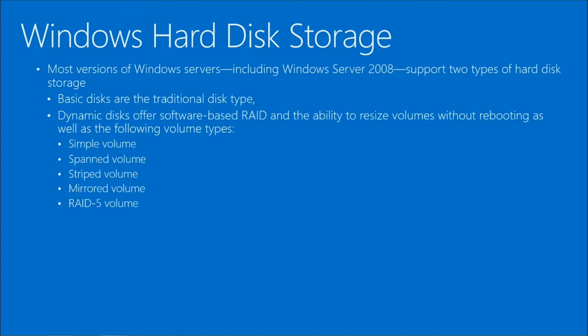Basic is the traditional type. Dynamic enables the ability to change the disk size while it's running, and you can do this without rebooting. The volume types are simple, spanned, striped, mirrored, and RAID 5.